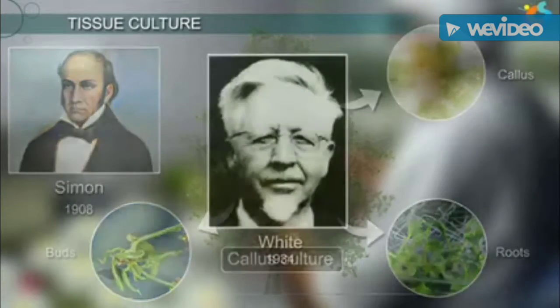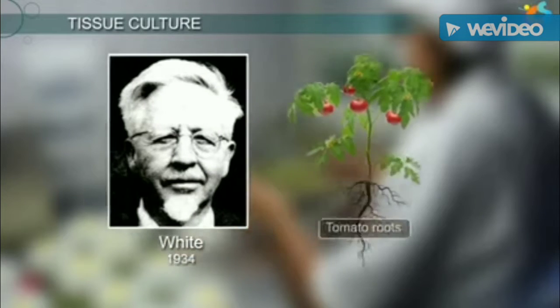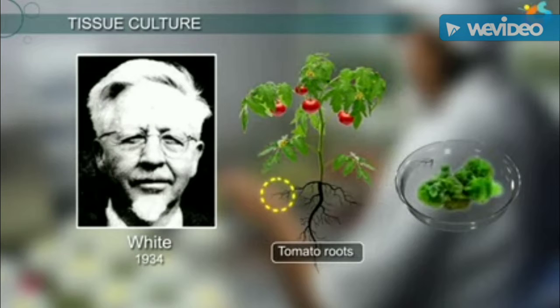A breakthrough came from White in 1934, who experimented on tomato roots. He reported that not only could cultured tomato root tips grow, but they could be repeatedly subcultured to fresh medium of inorganic salts supplemented with yeast extract.